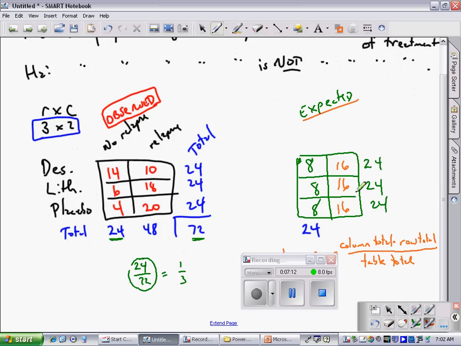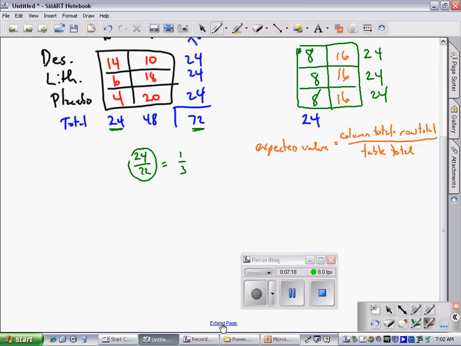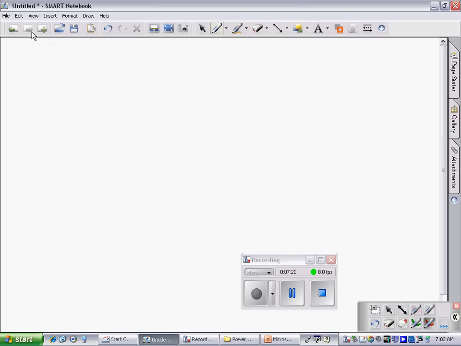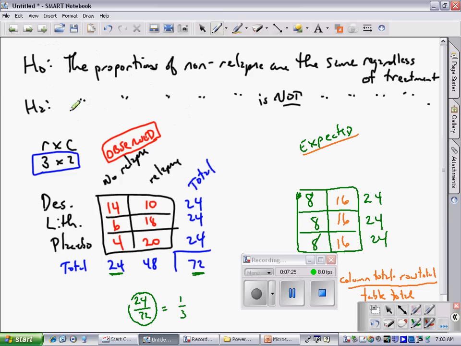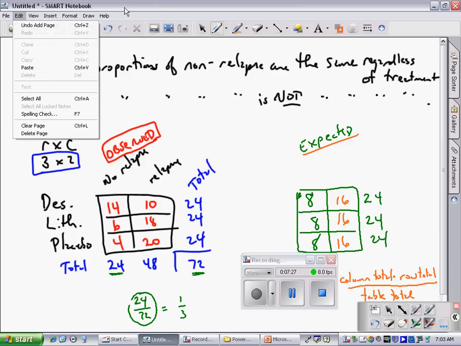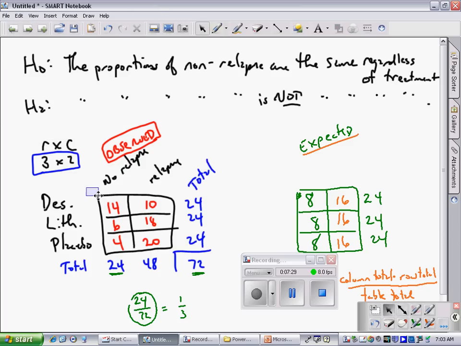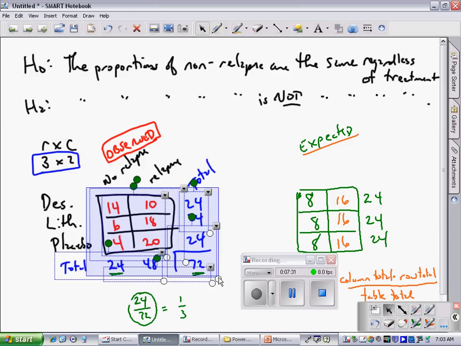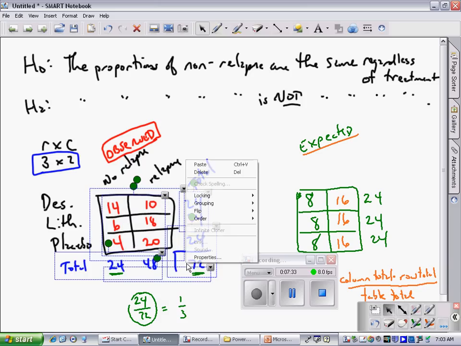I'm going to rewrite these observed and expected values here on another page. Oh, I bet I could. Can I do this?